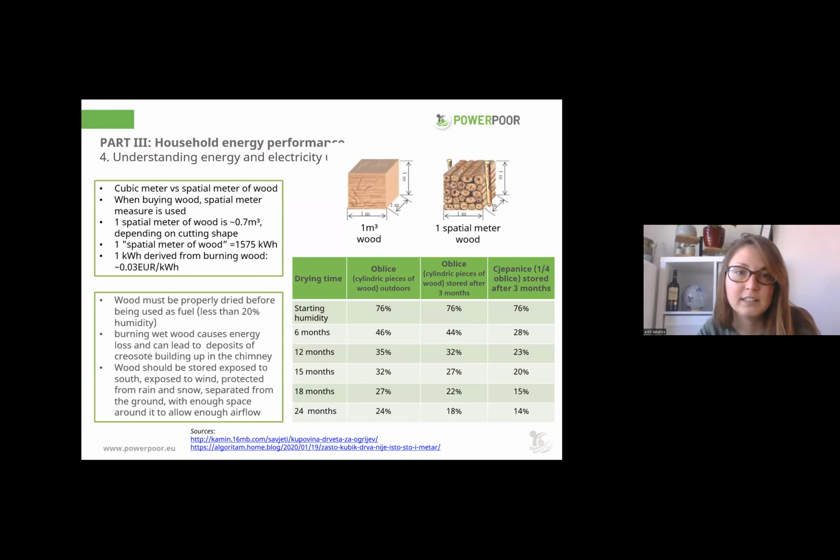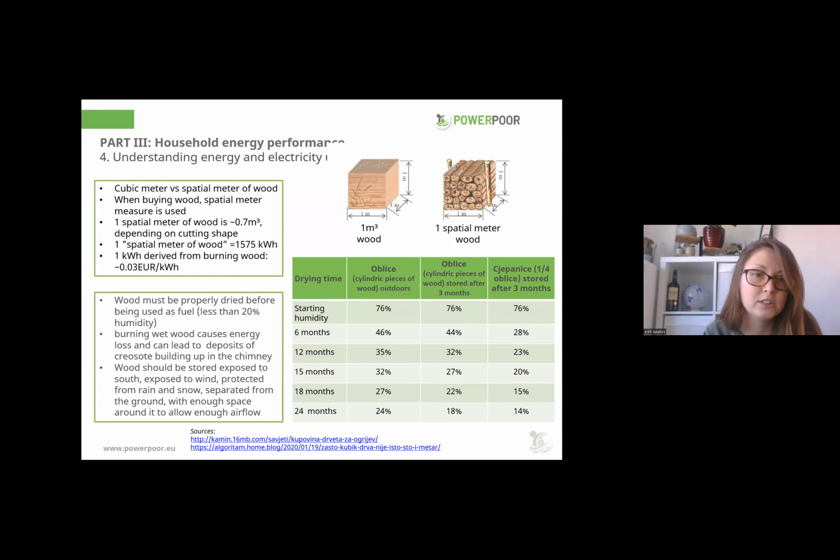Some understanding about the metering of wood: wood is metered in cubic meters or spatial meters, and when you're buying, most of the time spatial meter is used. One spatial meter of wood is 0.7 cubic meter, depending on the cutting shape.